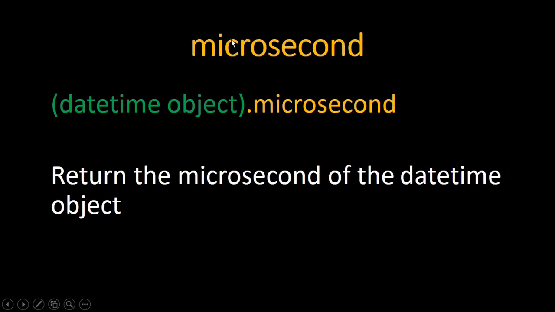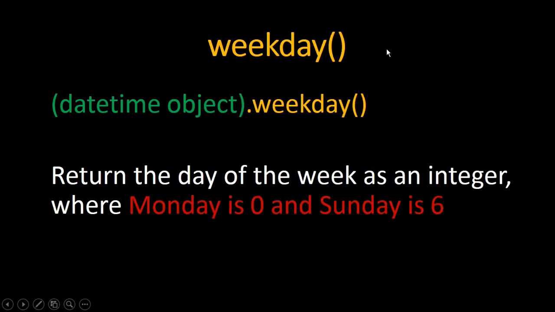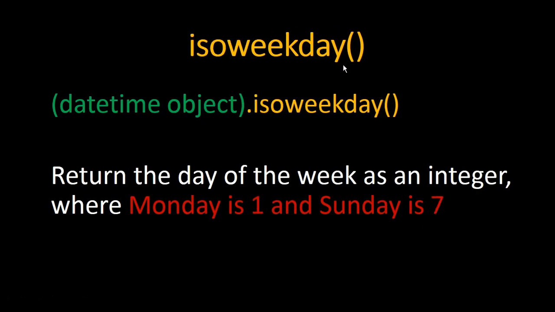And after finishing attributes, we have the functions we saw before: weekday, which gives you the day of the week as an integer, where Monday is 0 and Sunday is 6, and isoweekday, both are functions with no arguments, which returns the day of the week as an integer, where Monday is 1 and Sunday is 7. So those are what we saw in the time and the date modules.